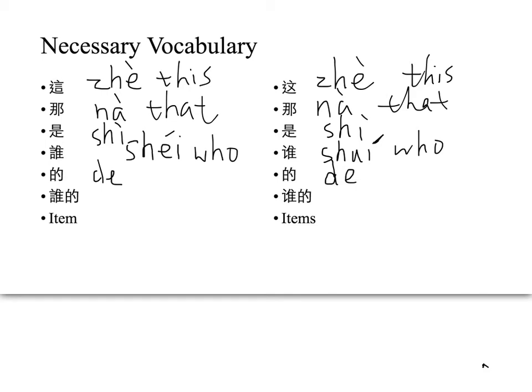好，下一个的，什么是的呢？对，it's the word that indicates possession. And sometimes, if you want to translate, it's like apostrophe s in English. And in this lesson, we are going to learn 谁的 whose.